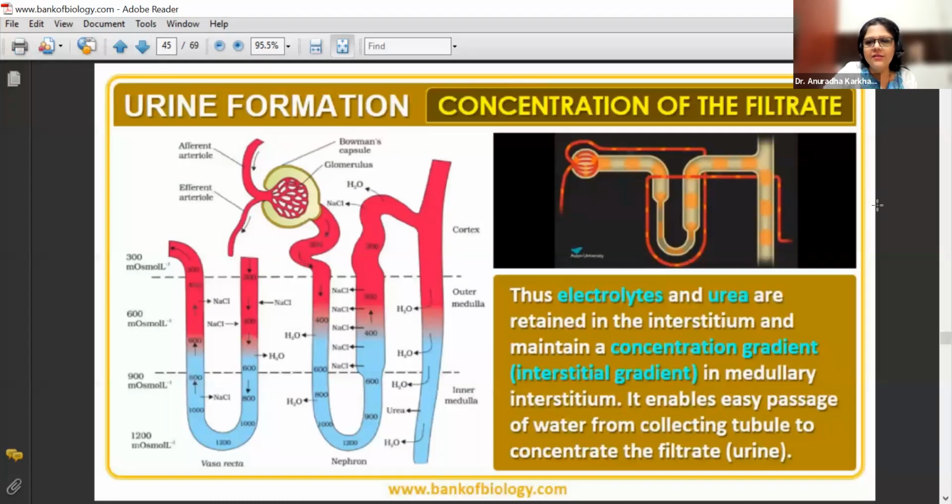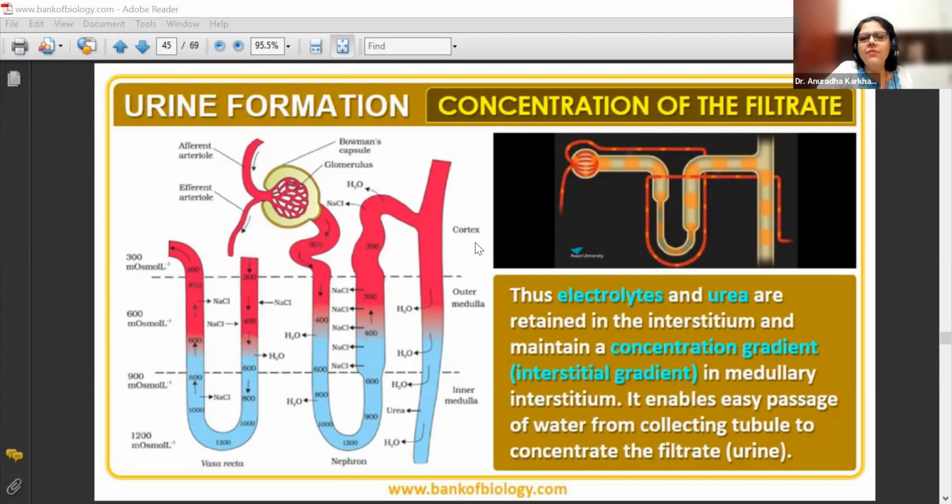Thus, electrolytes and urea. Electrolytes are your NaCl, K plus, whatever. Thus, electrolytes and urea are retained in the interstitium and maintain a concentration gradient of the interstitial fluid in the medullary interstitium. It enables easy passage of water from the collecting tubules to concentrate the filtrate.